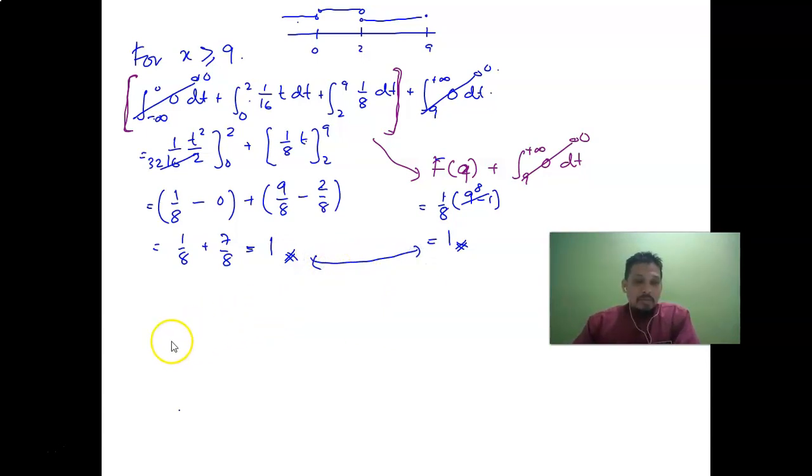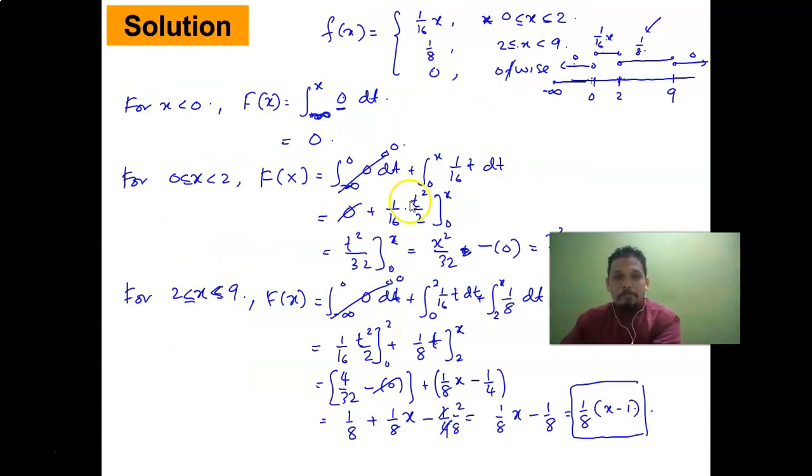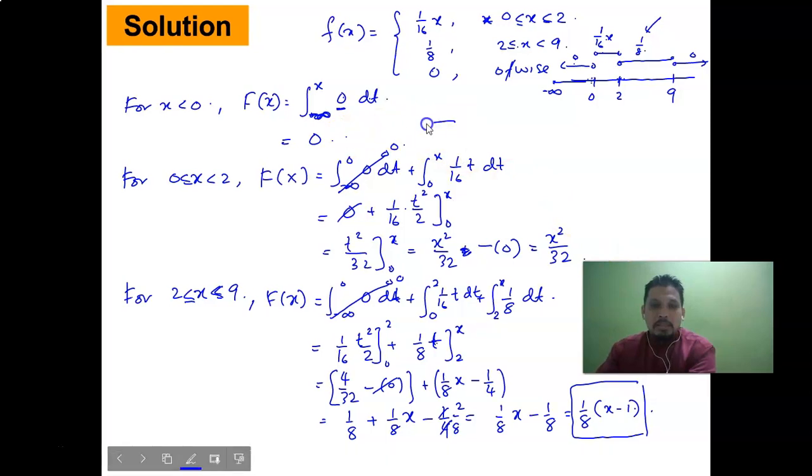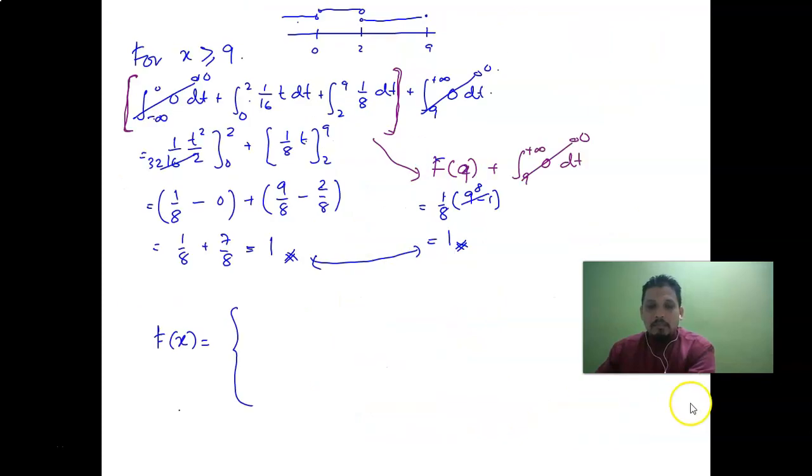Okay, so now the cumulative distribution function of this, we take it one by one. This is the first one here, this is the second one, and this is the third, and finally it is equal to 1. So slowly one by one. The first is 0 for x less than 0.